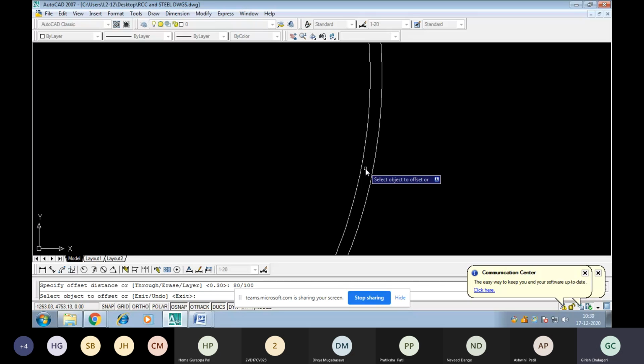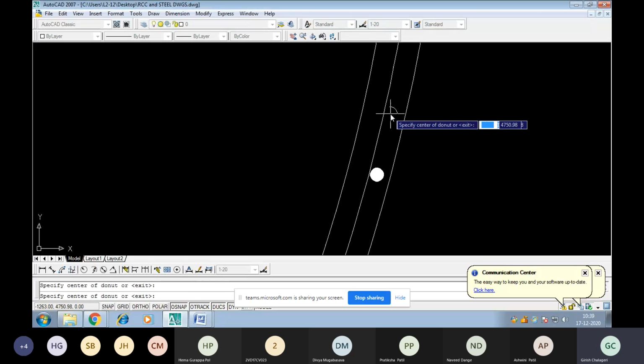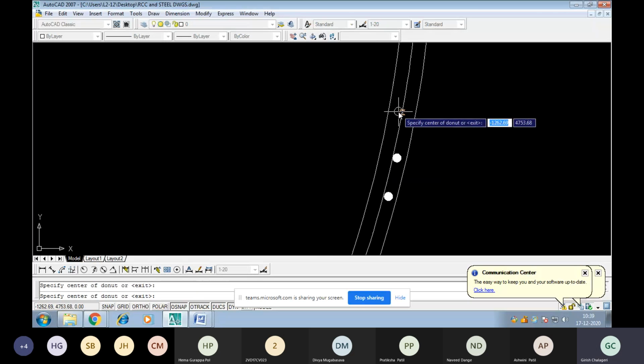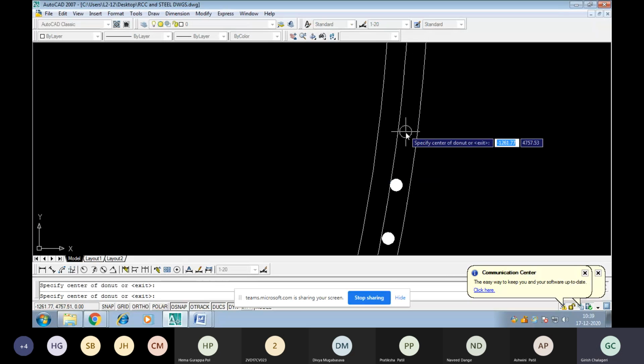So we can provide reinforcement like this. If you feel this is a bigger diameter, we can provide like this. These are the main bars.